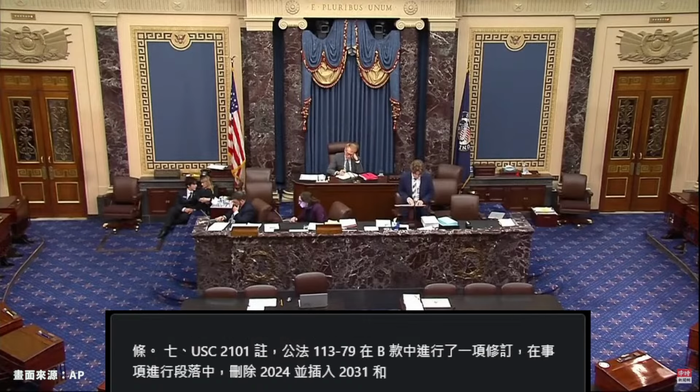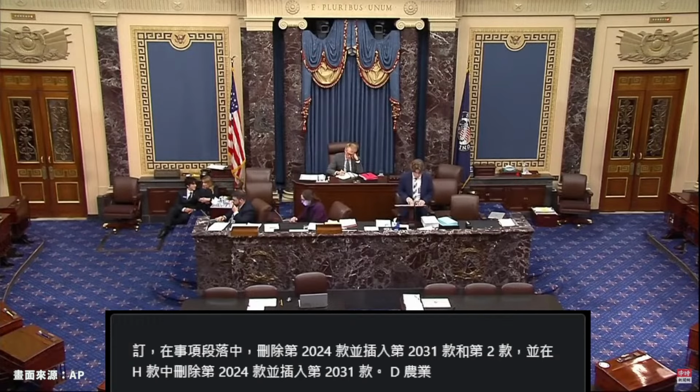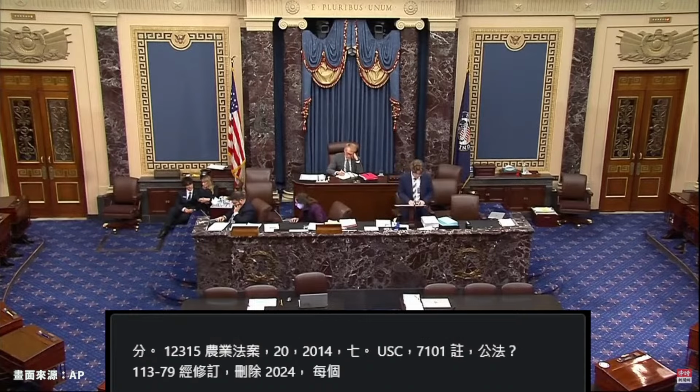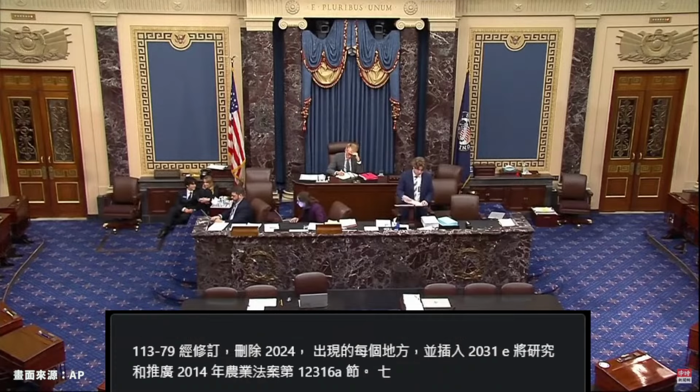Section 12315 of the Agricultural Act of 2014, 7 U.S.C. 7101 note, Public Law 113-79, is amended by striking "2024" each place it appears and inserting "2031". (e) Wool Research and Promotion. Section 12316A of the Agricultural Act of 2014, 7 U.S.C. 7101 note, Public Law 113-79, is amended by striking "2024" and inserting "2031".